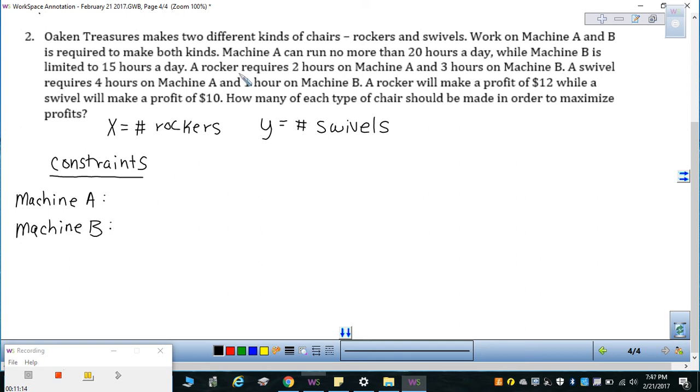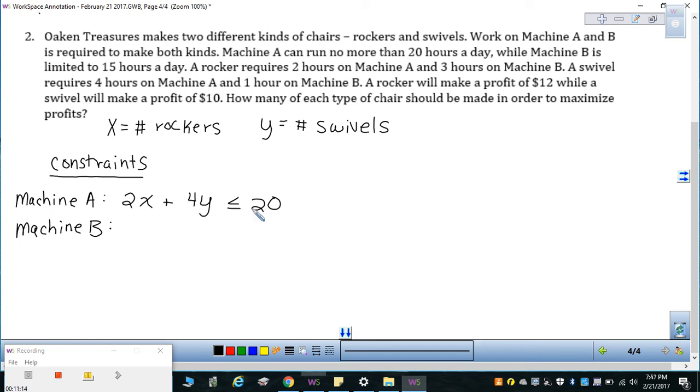All right, continuing on, the rocker requires 2 hours on machine A. So let's do 2 hours times the number of rockers. Moving forward, a swivel chair requires 4 hours on machine A. And we know that machine A can run no more than 20 hours per day.